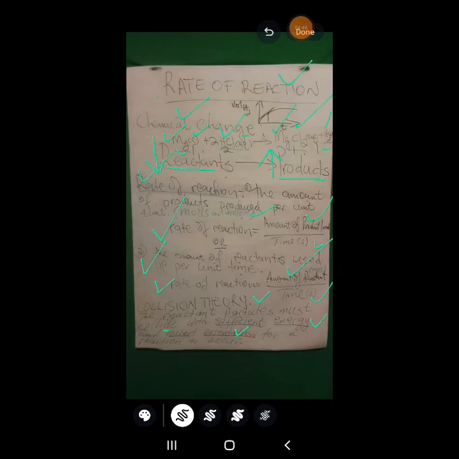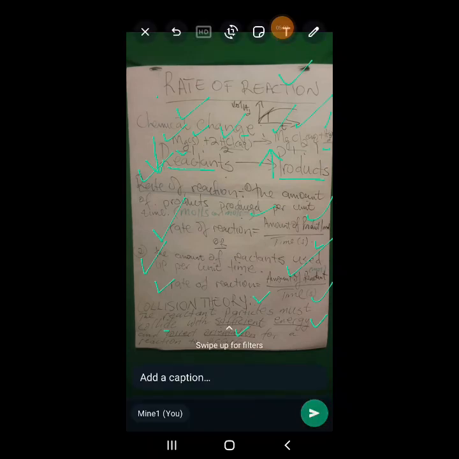It only occurs if the two conditions are met, that the particles have sufficient energy and they are in the correct orientation. And the minimum amount of energy required for a chemical reaction to occur is called the activation energy.